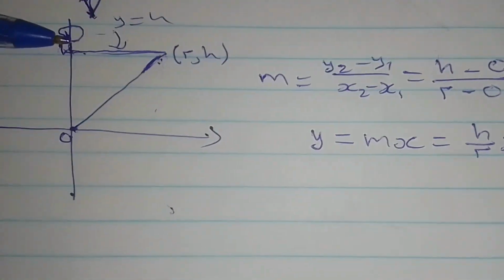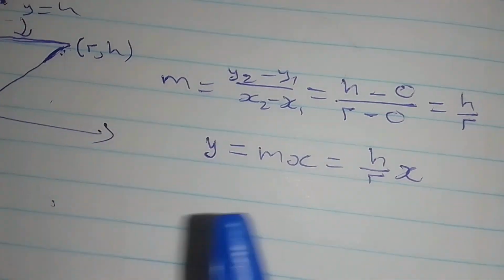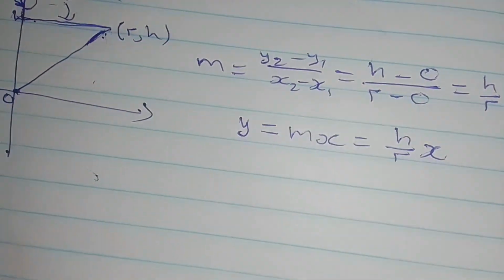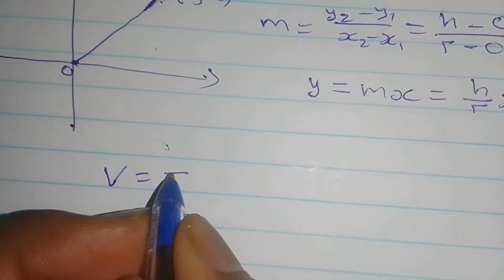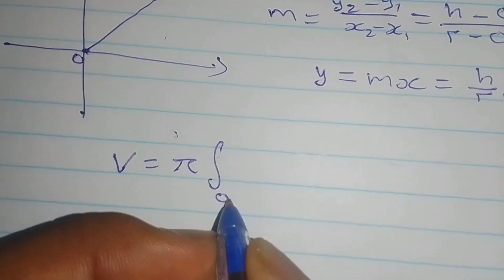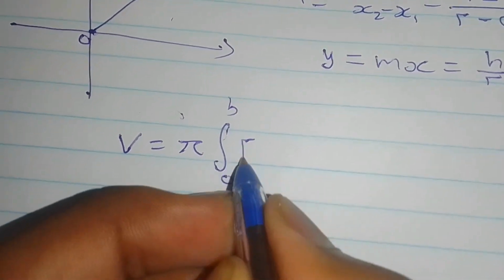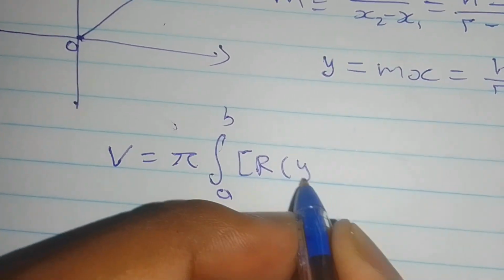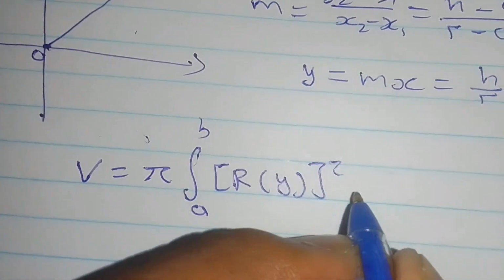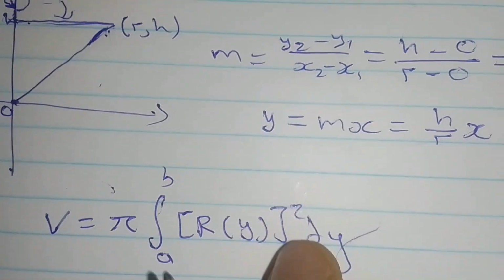So if we have a straight line defined by y equals (h over r) x, and we're rotating about the vertical axis, that means we need to solve for x. Remember, the formula is given by something like this: volume equals pi, the integral from a certain region of r at y, squared, dy, if we are rotating about the vertical axis.